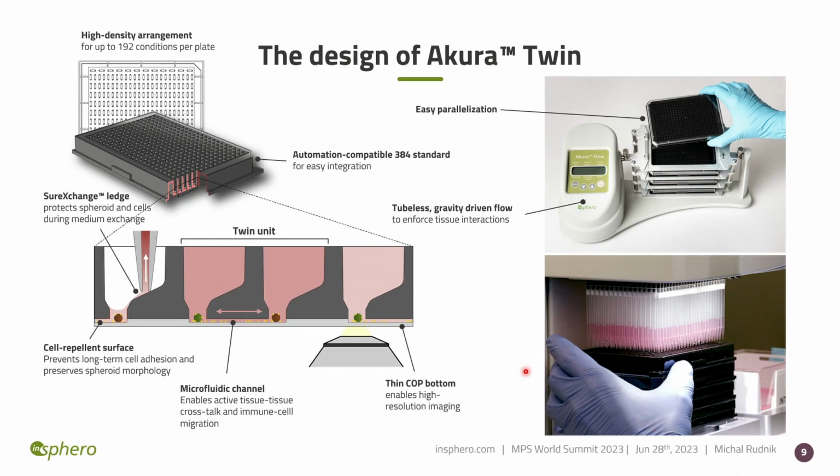The wells within a twin unit are interconnected with a microfluidic channel, which enables tissue-tissue interaction and migration of immune cells. The bottom of the plate is sealed with a COP membrane that gives the best optical parameters for high-content imaging. And finally, a gravity-based flow system is generated by a tilter to support nutrient and cytokine exchange, but also to make the parallelization of experiments easier.